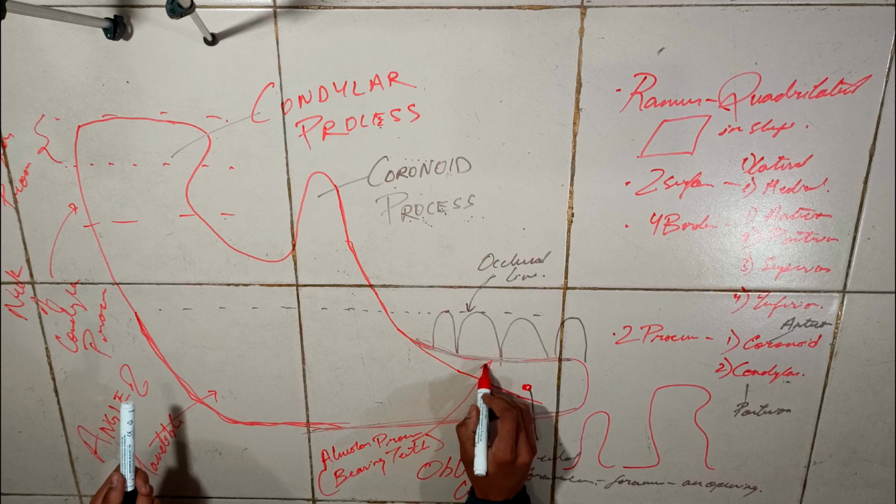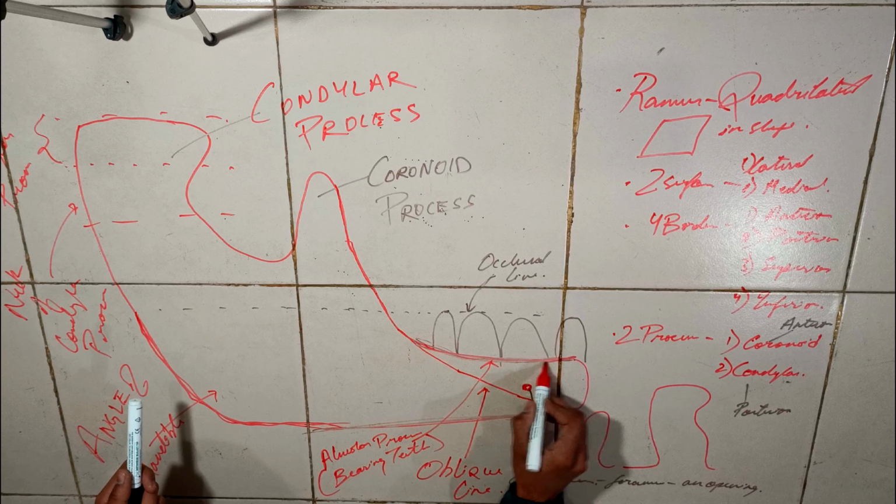This entire thing is called the alveolar process. This goes around, obviously. And this depressed region forming a notch is called mandibular notch.